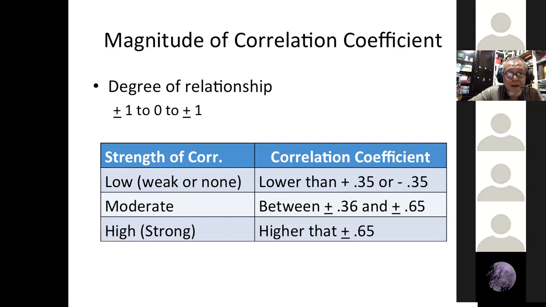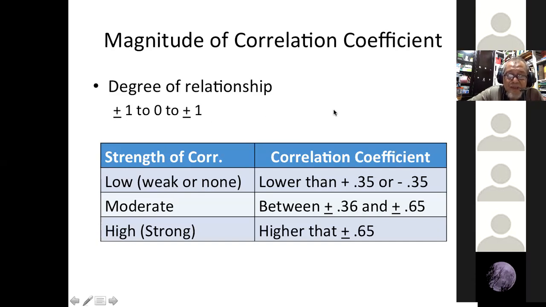Next, the degree of relationship. When you calculate the correlation coefficient, the result of the calculation will be between minus 1 and plus 1, or from plus 1 to minus 1.